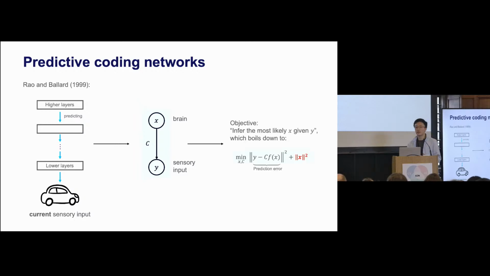The objective of this generative probabilistic model is to infer the most likely brain activities X given the current observation Y, which, if we skip all the Bayesian steps, boils down to a minimization problem of the squared prediction error plus a prior, or constraint, on the brain activity X. The first term is the prediction error, where we model the prediction as a nonlinear function consisting of a nonlinearity F and this matrix C.